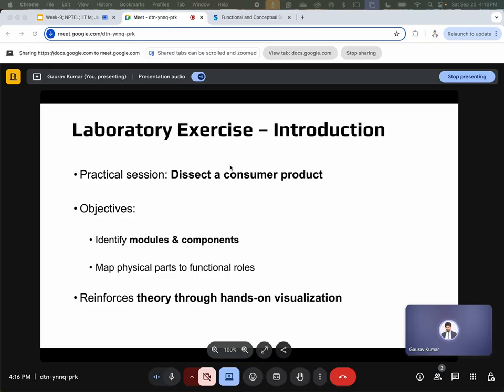Through the hands-on instruction, students can better visualize and internalize the abstract concepts by connecting the function-to-form mapping in physical products. The lab reinforces the importance of architecture in guiding effective design.